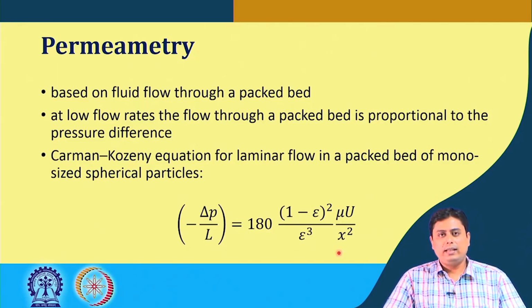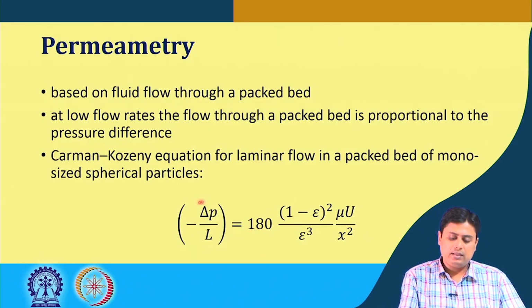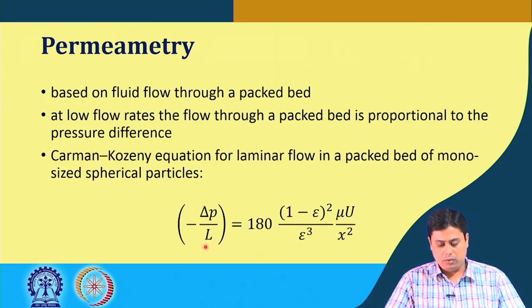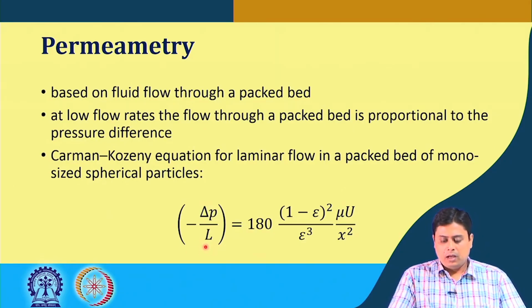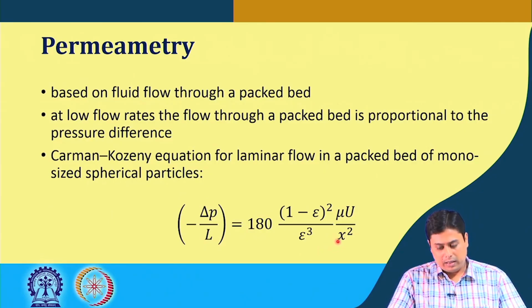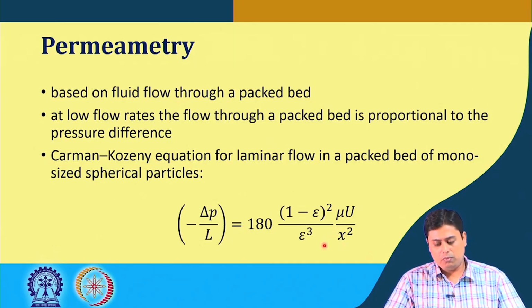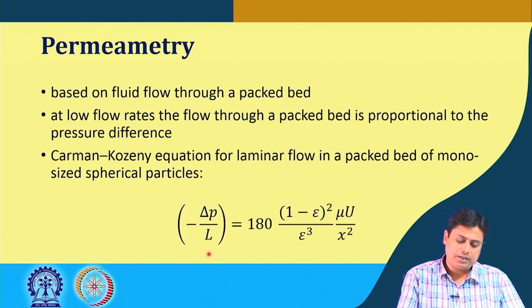You can see that ΔP by L, the pressure gradient per unit length, has a relation with the square of the particle size, x squared, which is inversely proportional to this pressure gradient.